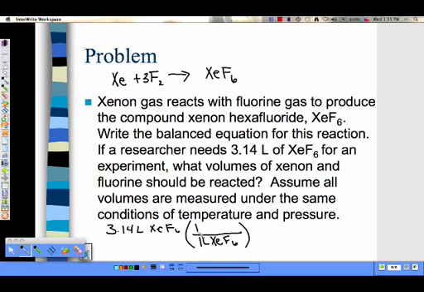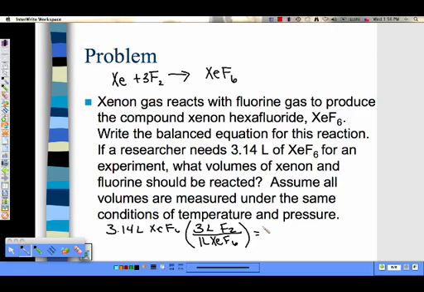And let's go to xenon first. So we have 1 liter of Xe, so we would need 3.14 liters of Xe. We're using our coefficients here. It's a 1-to-1 ratio. And the other reactant is fluorine, and we have 3 for our coefficient, so 3 liters fluorine.